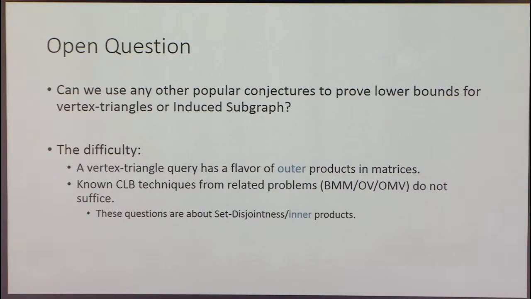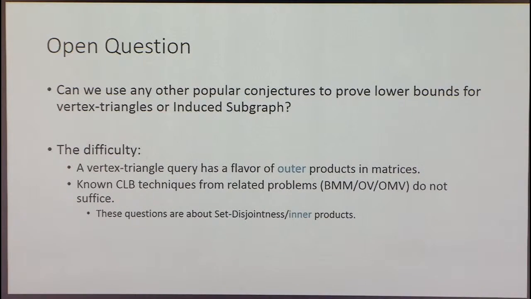Maybe you don't want to listen to me, but a vertex triangle query has a flavor of an outer product, right? If you look at matrix multiplication, if you consider set intersection as multiplying two matrices, where one matrix is sets and elements, and the other matrix is elements and sets, then vertex triangle queries in some sense correspond to outer products.